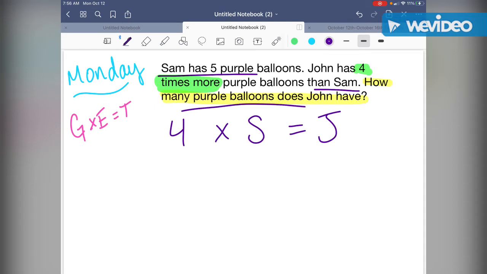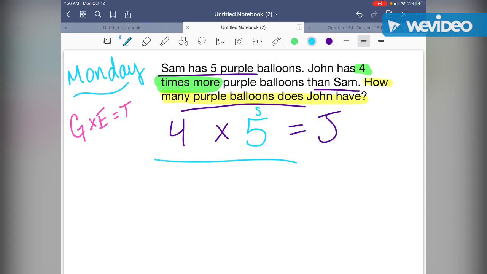How many does Sam have? Well, it says Sam has 5, so I can take out this S and put a 5 instead.